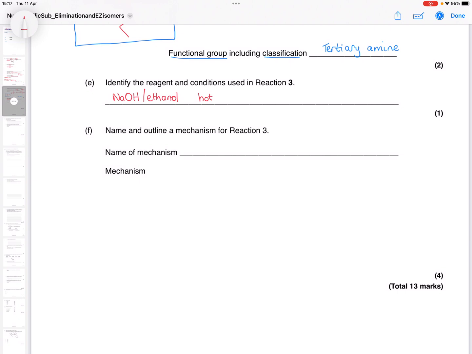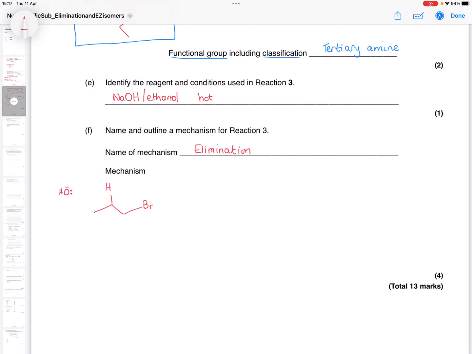Okay. Name and outline a mechanism. So a mechanism for reaction 3, it's elimination. Here we have our halogenoalkane. And what's going to happen here is that we're going to need to draw hydrogen on there. Our hydroxide is going to act as a base in these conditions rather than as a nucleophile.